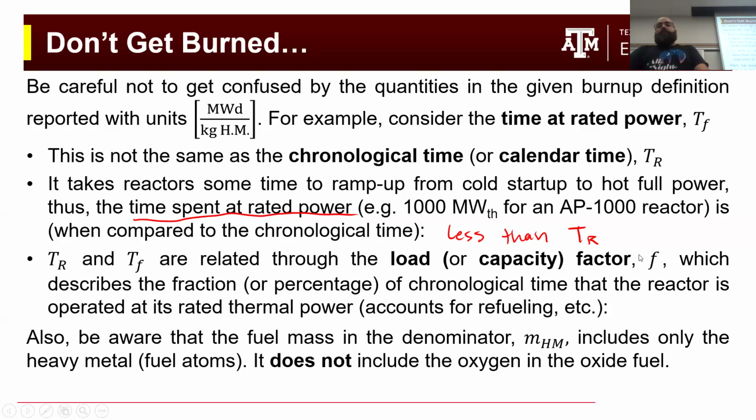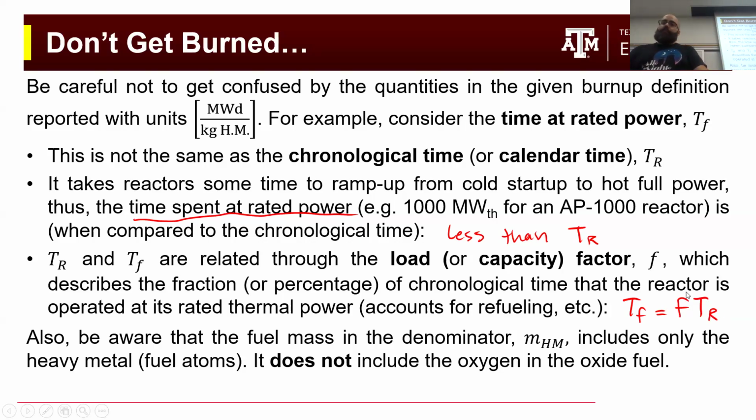In power production, you've probably heard the term capacity factor, and that is related to the ratio between my time at rated power and my chronological time. In other words, the time at rated power is this capacity factor F times the chronological time.